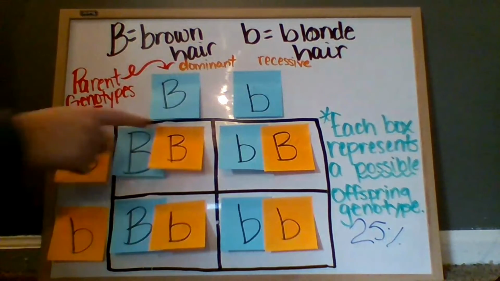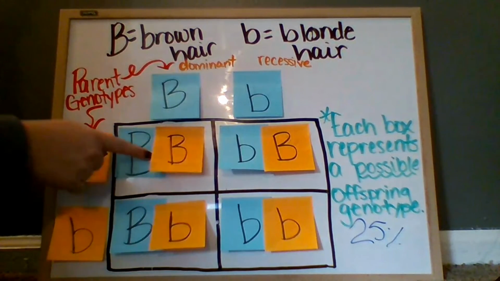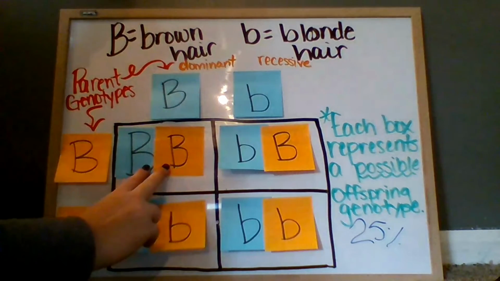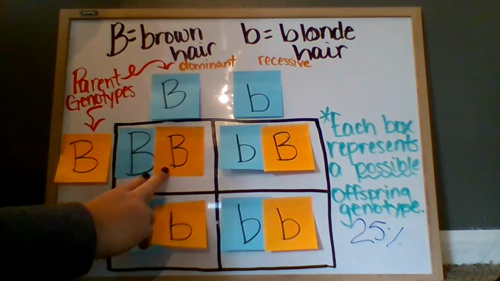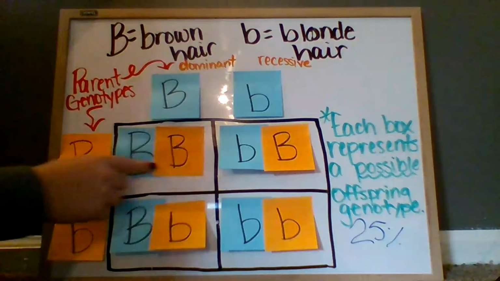We have 2 capital B's together. And what does this represent? 2 dominant alleles together is hetero or homozygous? It is homozygous. Remember, homo means the same kind. So this is homozygous dominant.